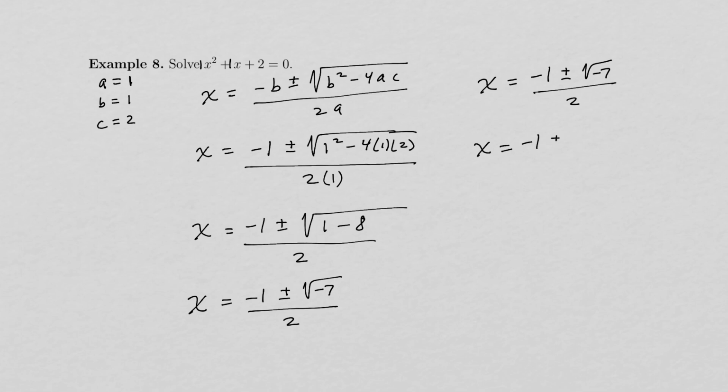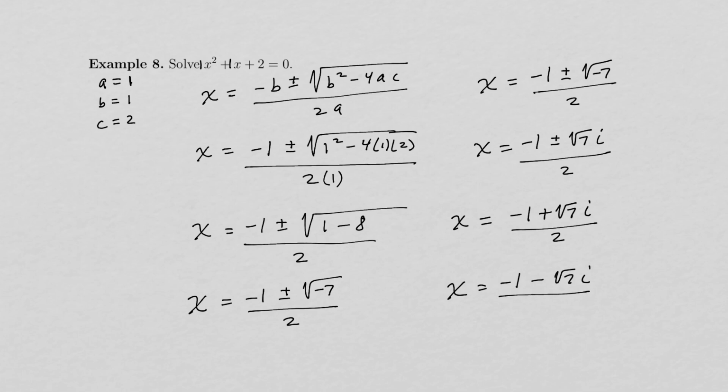So I can't really do anything with the square root, so I'll leave it as square root of 7. But then the square root of negative 1 is i, over 2. So really the solutions are going to be x is equal to negative 1 plus radical 7 i all over 2, or x equals negative 1 minus radical 7 times i all over 2.